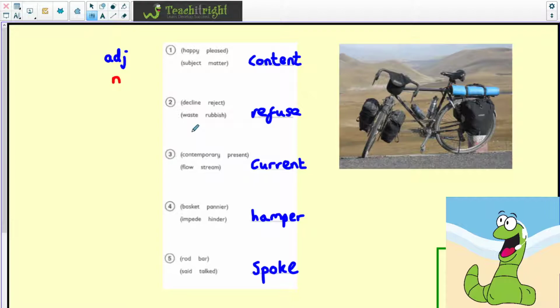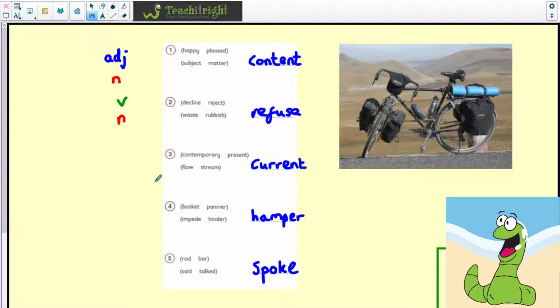Let's have a look at number 2. We've got decline and reject, so that's refusing something. So if you decline or reject it, and that would be a verb. And then you've got refuse, as in a synonym for waste and rubbish, so that makes it also a noun as well. Make sure I get the right colours for you.